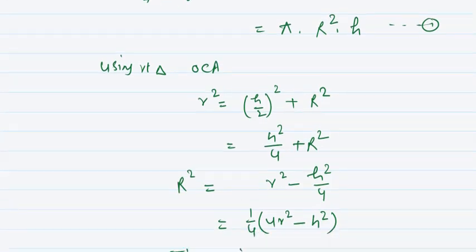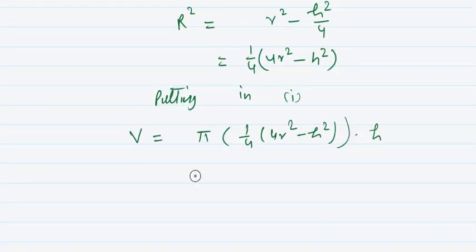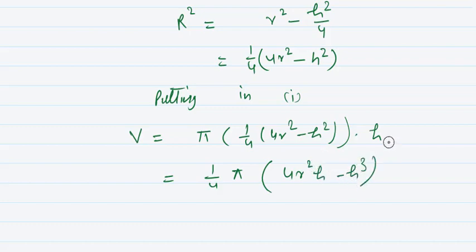H is h over here. So we can write it further as 1 by 4 pi into 4r square h minus h cube. To avoid the product rule over here, I am multiplying h inside it.